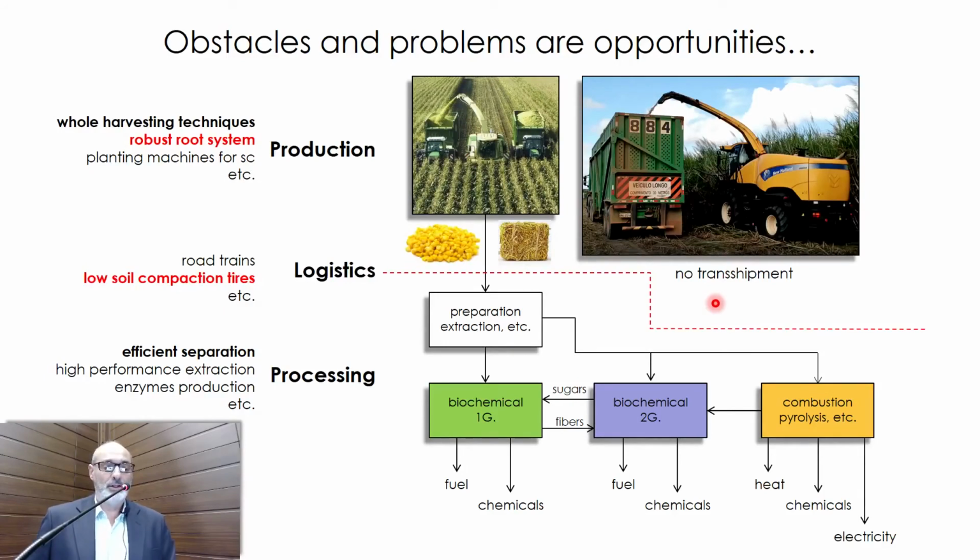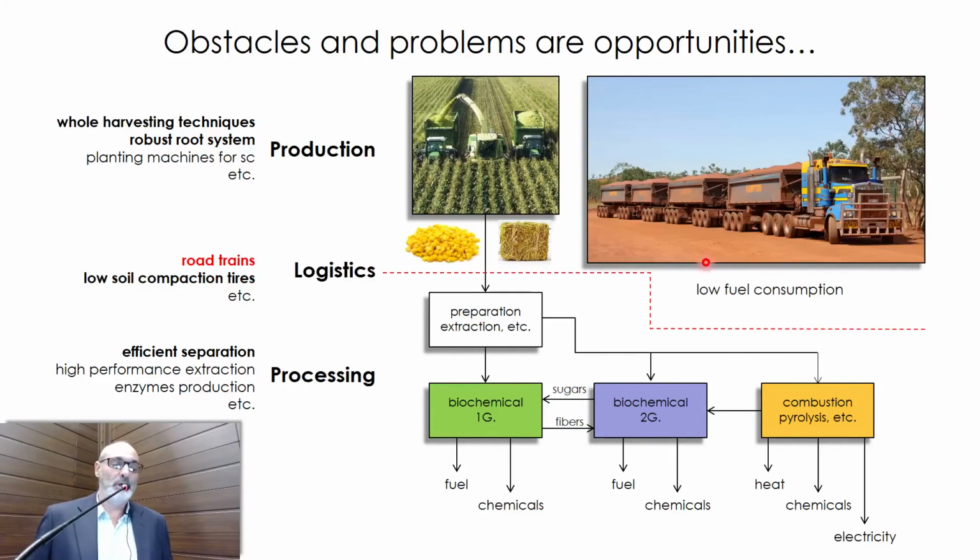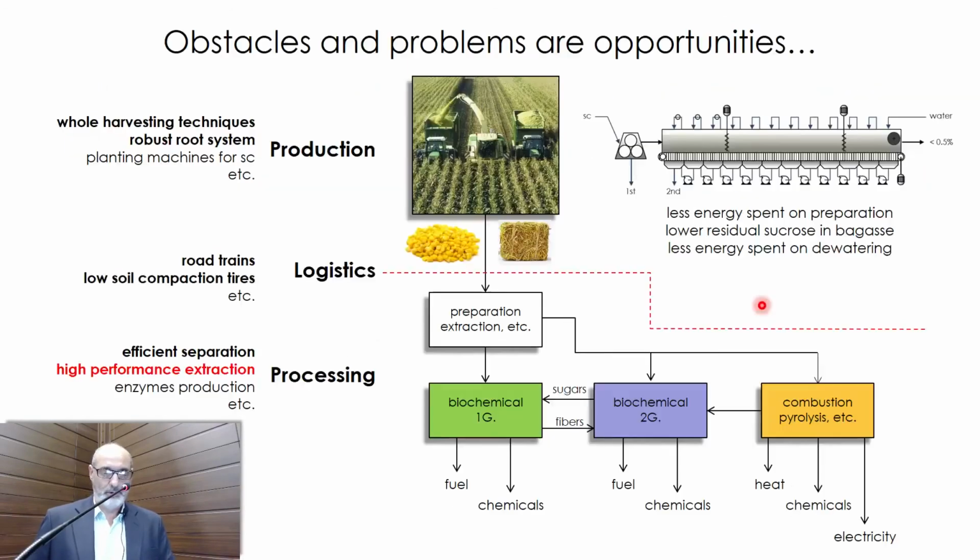And in addition, if you have geometries appropriate for this kind of road trains or road trucks. In Australia, you have 12 wagons, 10 wagons. Here in Brazil, we are used to 3 wagons, and this is related to how roads and lanes are made. But if you manage to do this, low fuel consumption.